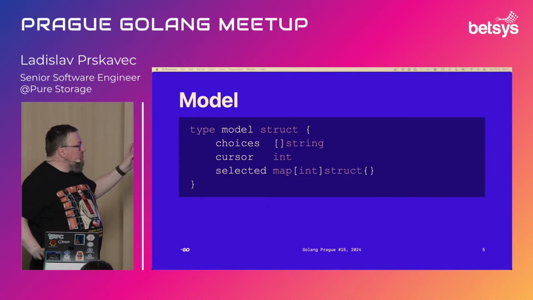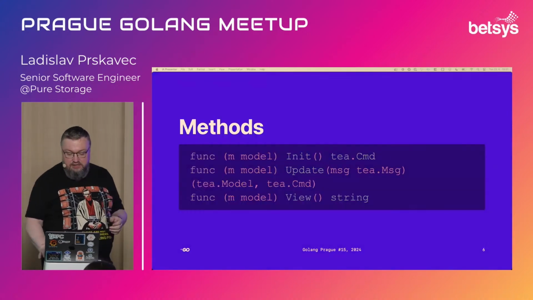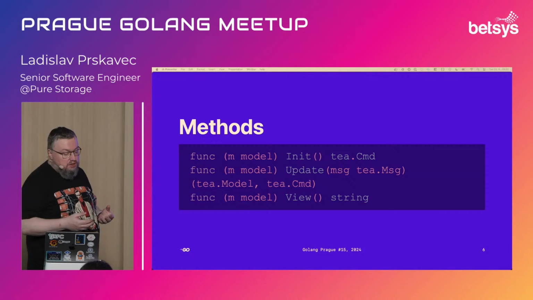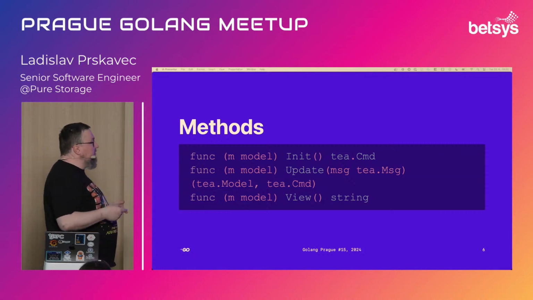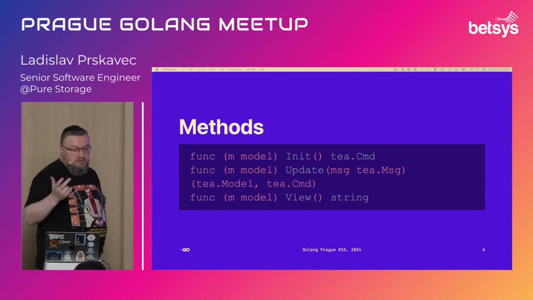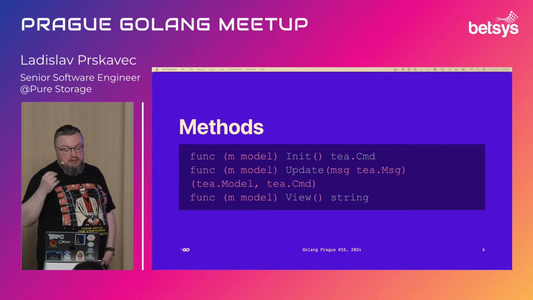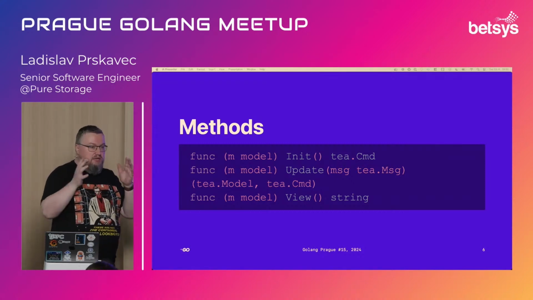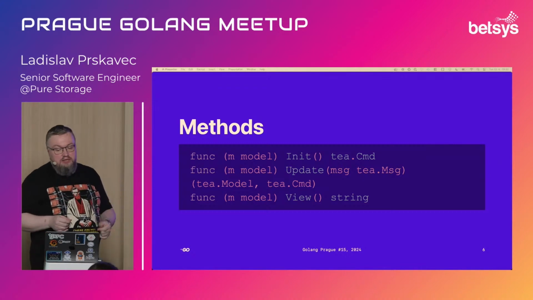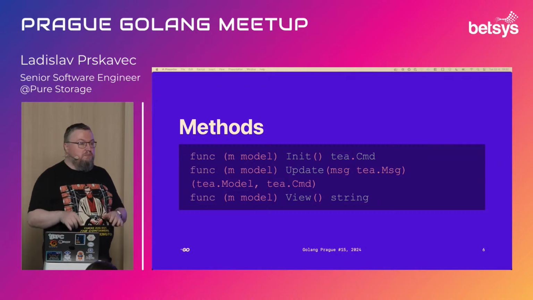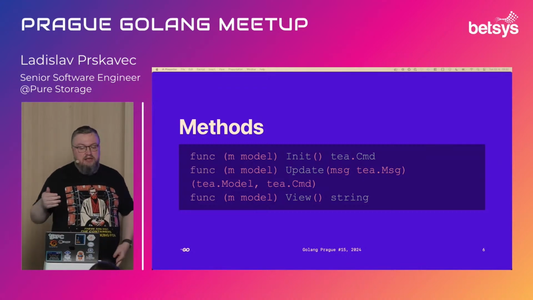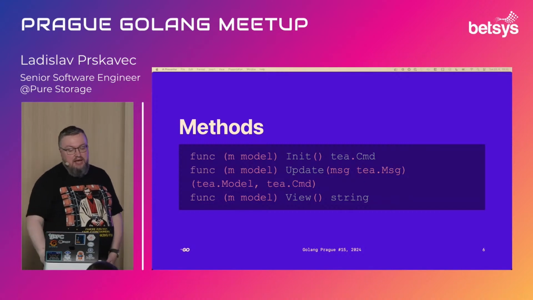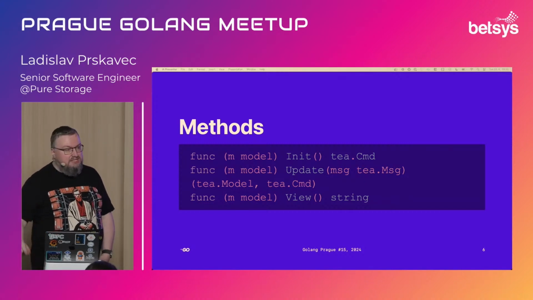The model is the first thing that we need to define. The second is some methods that we implement on that model, and we have three methods. First is Init: on the start, how to render the first screen that you need. Then we have Update: if you press some keys or something, that is how we update it, and we send messages.